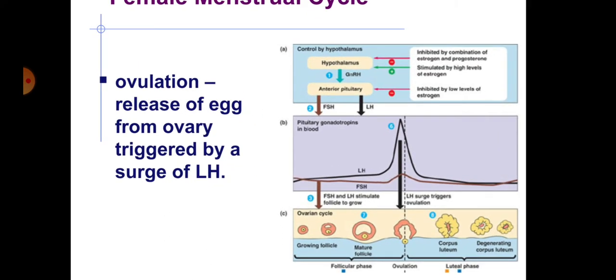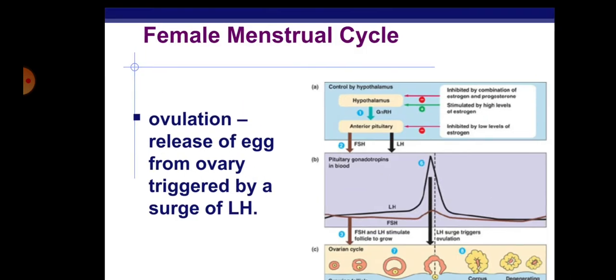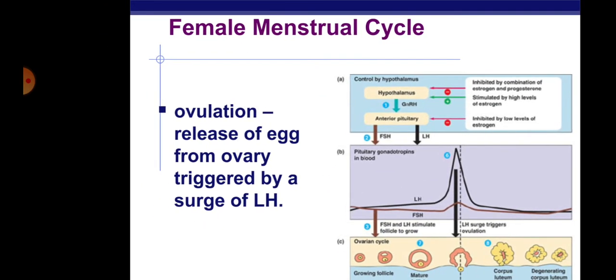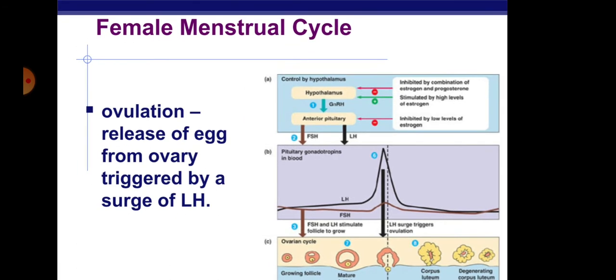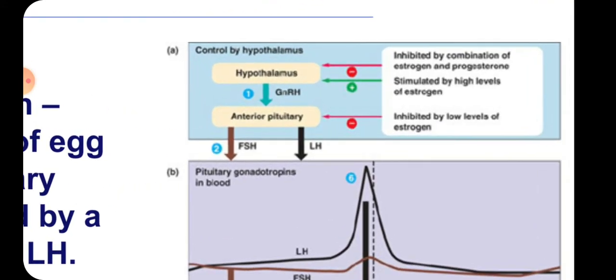Now, in this diagram, you can see the female menstrual cycle. Ovulation, release of egg from ovary, is triggered by a surge of luteinizing hormone LH. Here, the hypothalamus controls the gonadotropin releasing hormone.